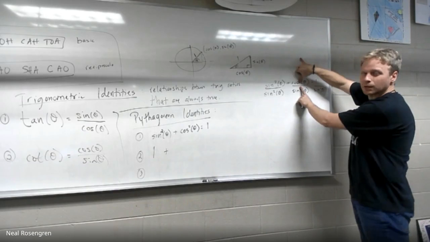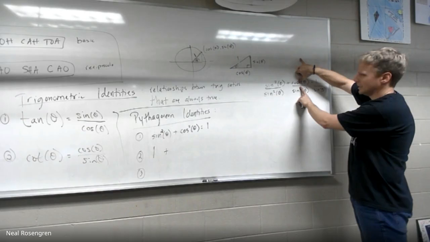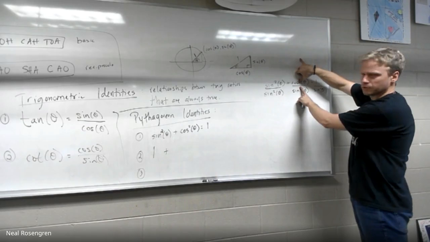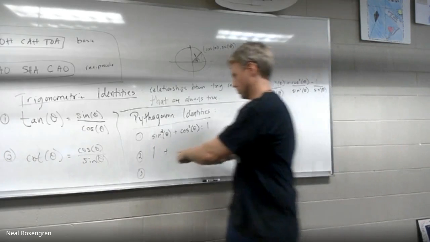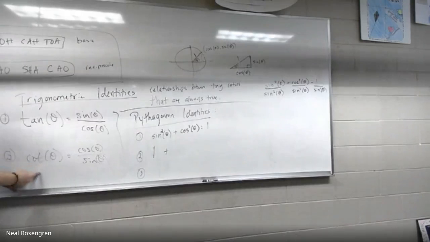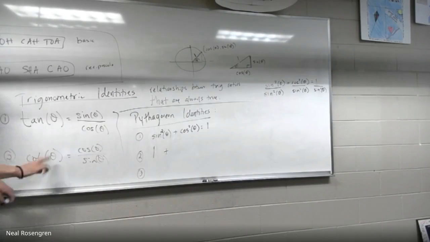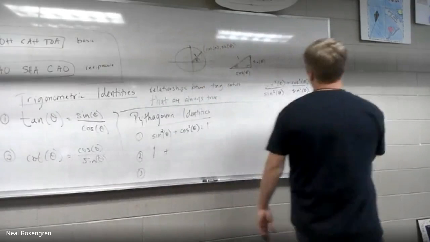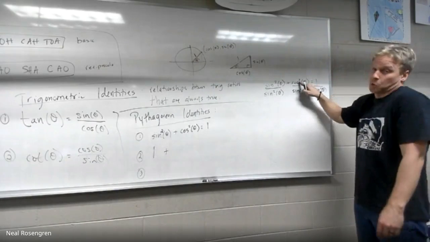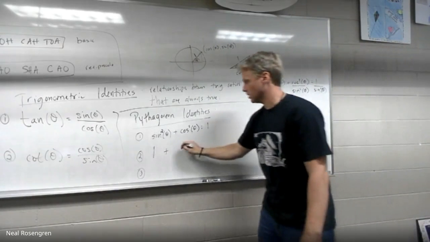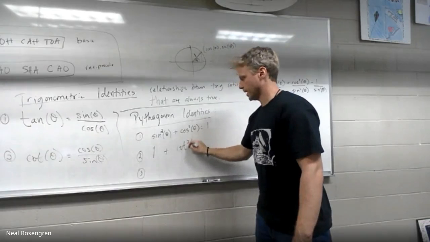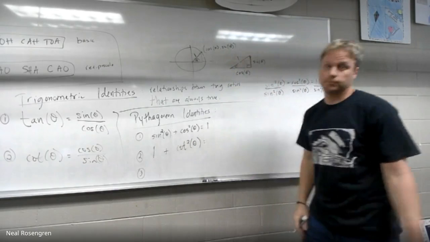Which trig ratio is cosine over sine? Cotangent, right? And so if regular cotangent is cosine over sine, then cosine squared over sine squared is going to be cotangent squared, right?